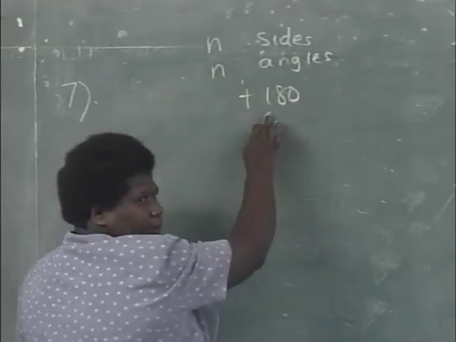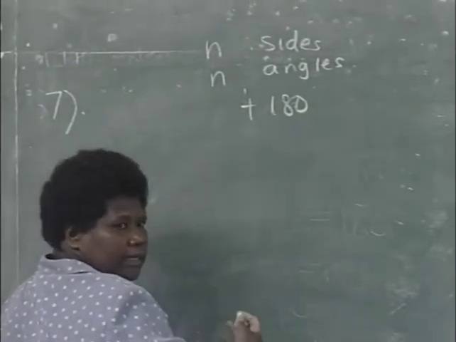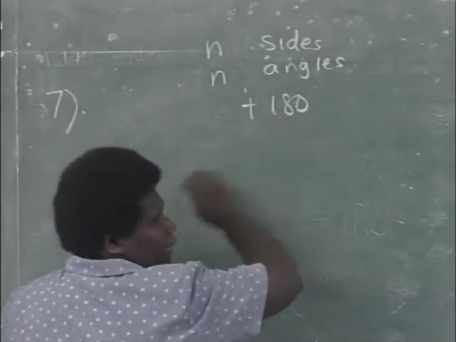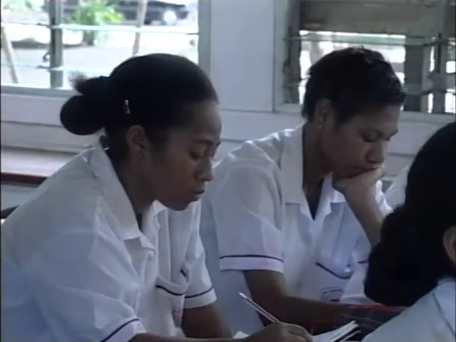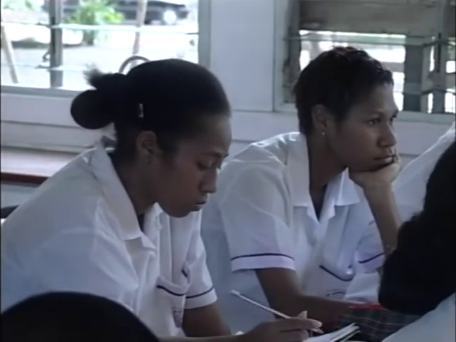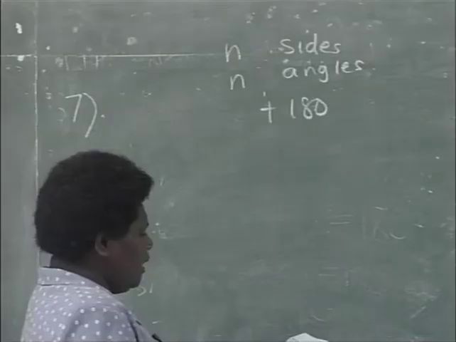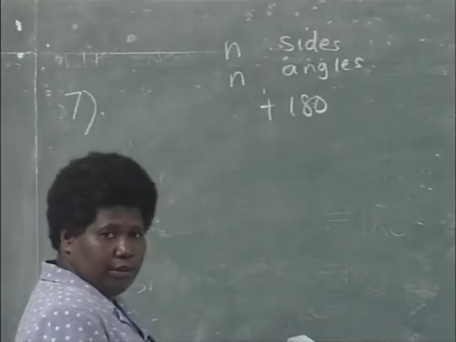Okay, 2 of them are 90 degrees, so the sum of those 2 is 180. And it says the remaining, how many angles? The remaining angles each are 144 degrees.